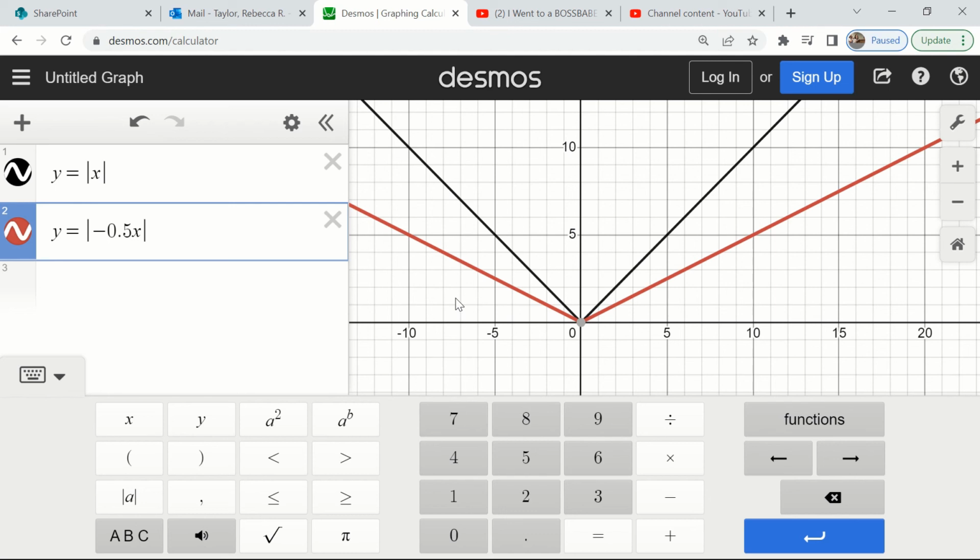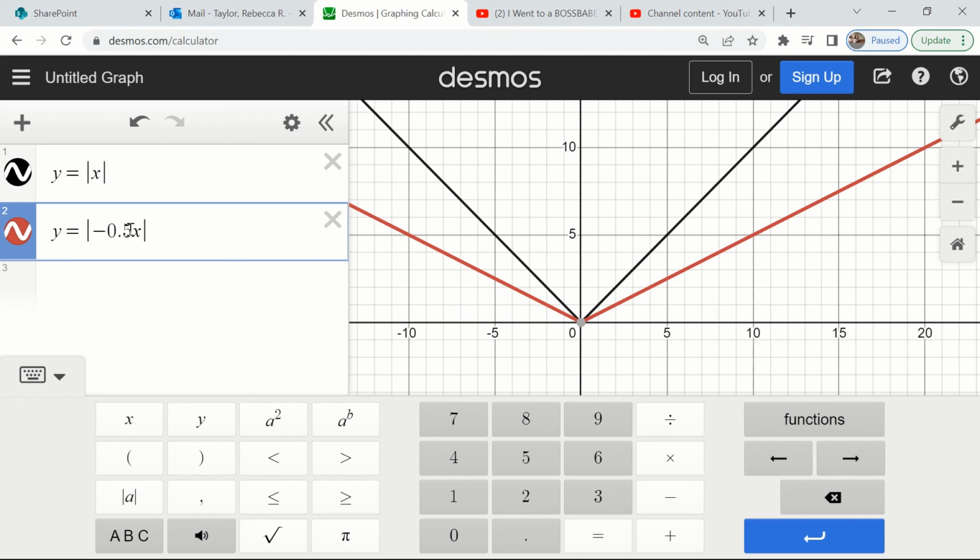There actually is a transformation that happened there, but we can't see it because of the natural symmetry of the graph. So playing around inside the absolute value is different from multiplying stuff outside. We just can't see all of it right now.